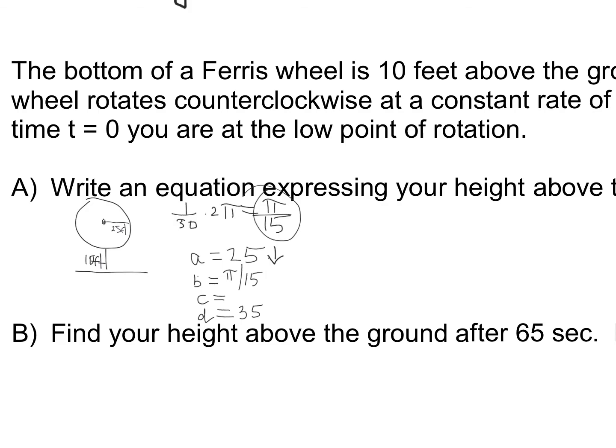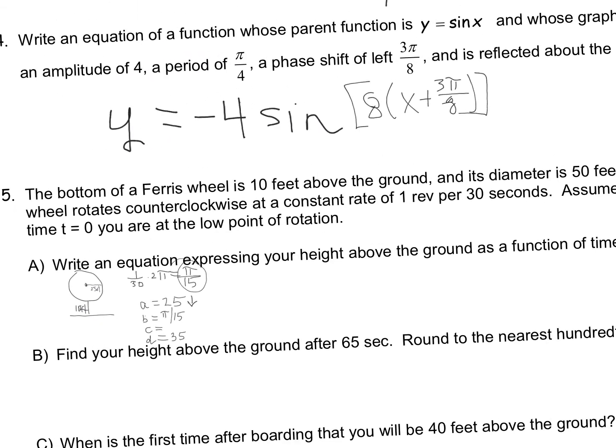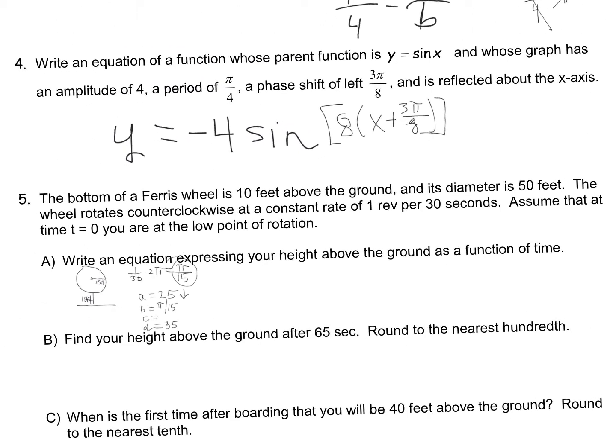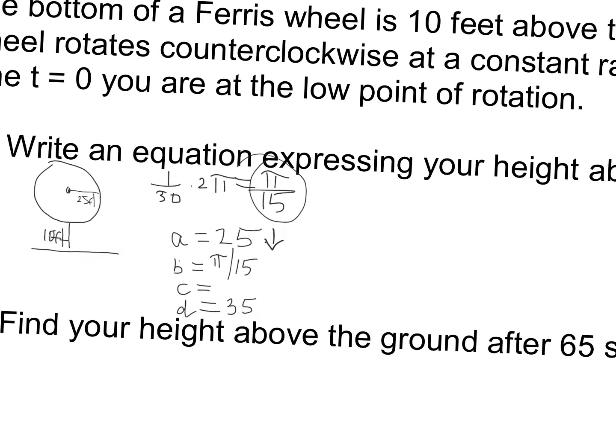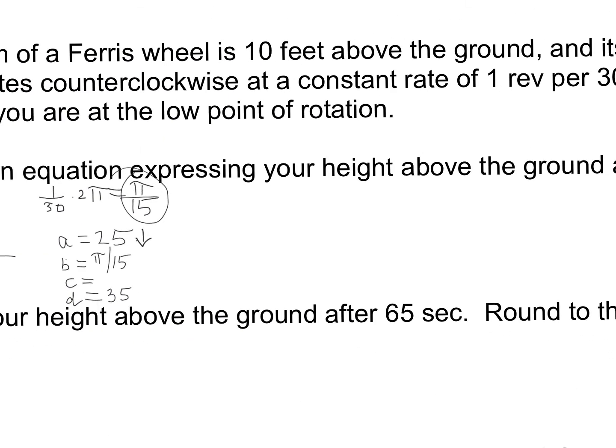So now let's see what variables. Are we using h and t? That's what I'm assuming. If they give us what the variable is, they do give us t. So let's just go ahead and use h, and I like writing it as a function. So let's write it as h of t equals, since we're starting at the low point, it has to be a negative 25 cosine, bracket, pi over 15 t.